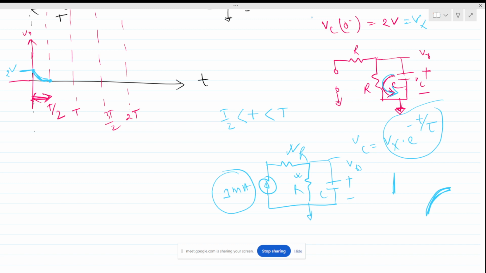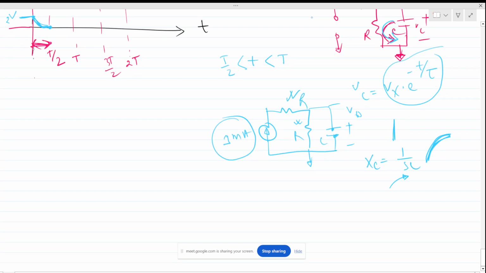And the current is also not constant because the capacitive impedance is increasing with time, because the frequency is decreasing with time. We all know a step function has a frequency of infinity here and a frequency of 0 here.